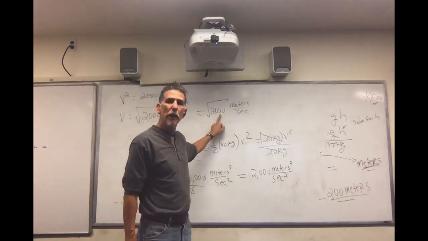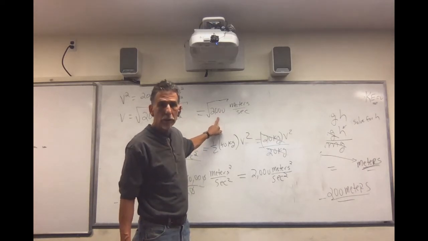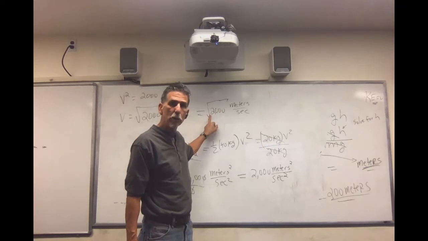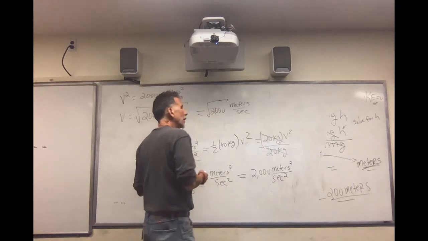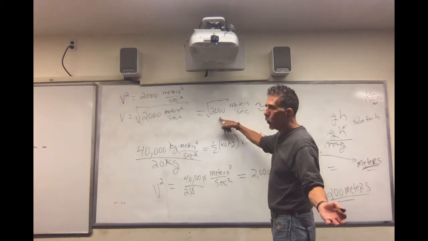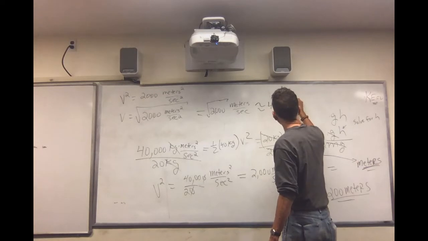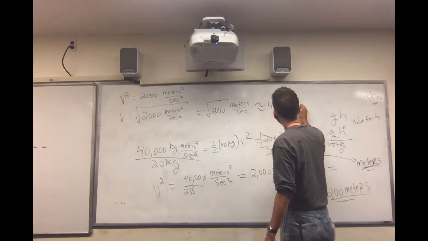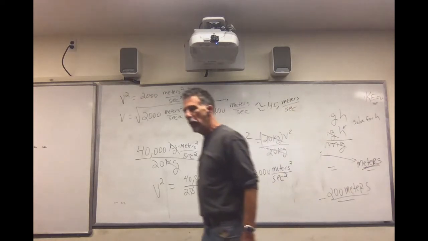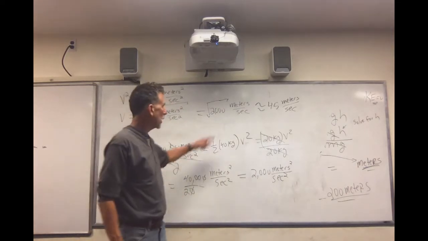This is 2000. So the answer should be between 40 and 50, right? 2500 or 1600. So this is all I care about. This is approximately equal to, not 40, not 50, I don't know, 45 meters per second. Use your calculator, but I don't really care. That answer is close enough for a multiple choice exam. Okay? So we solve for the speed.